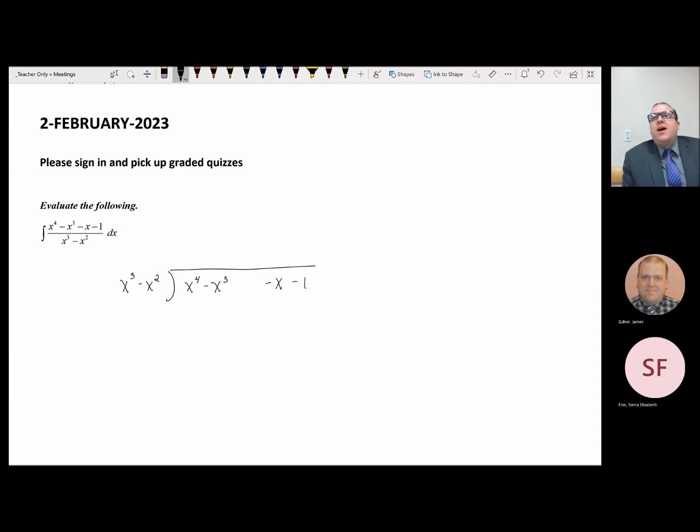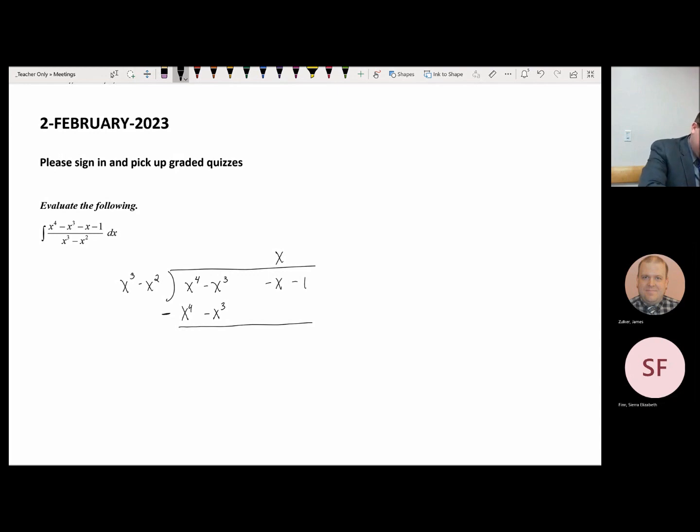What do we need to multiply x cubed by to get x to the fourth? So do that actual product, and then you subtract.